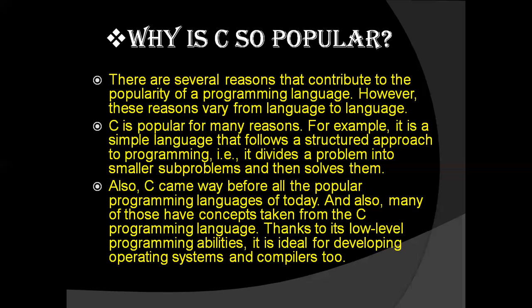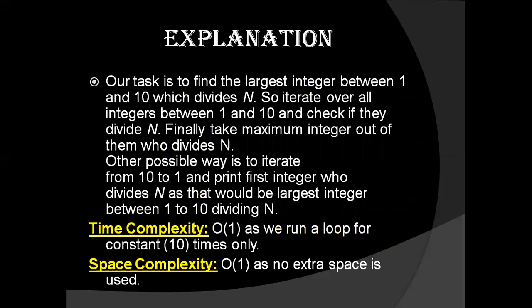That is the speciality of C programming. Also, C came way before all the popular programming languages of today's generation, and many of those have concepts taken from C. Thanks to its low-level programming abilities, it is ideal for developing operating systems and compilers too.